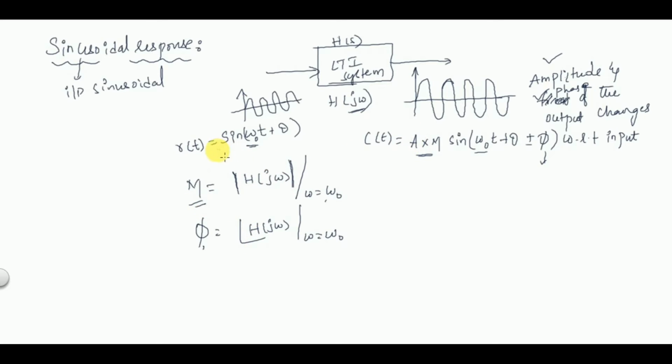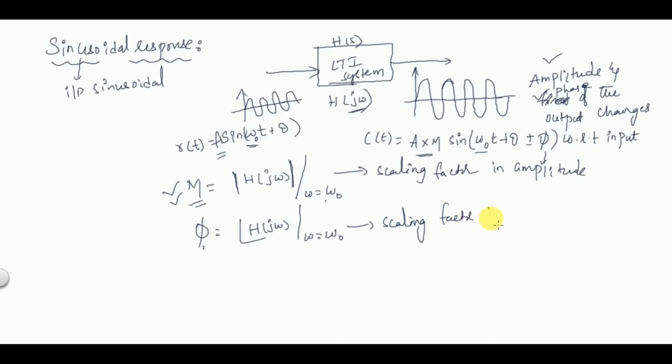A is already given, where r of t is equal to A sine omega naught t plus theta. A is the input amplitude, and M is the scaled amplitude, so M is called the scaling factor in amplitude, and phi is the scaling factor in phase at the output side.